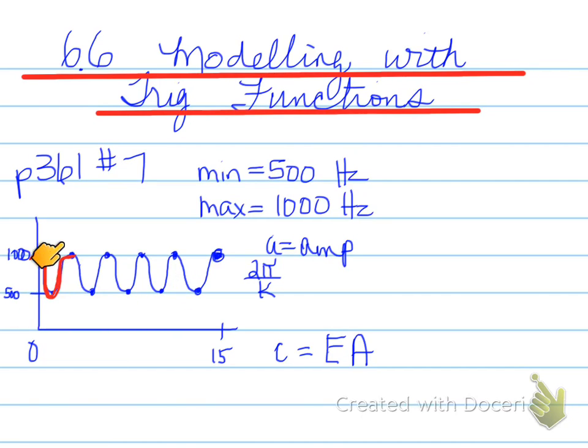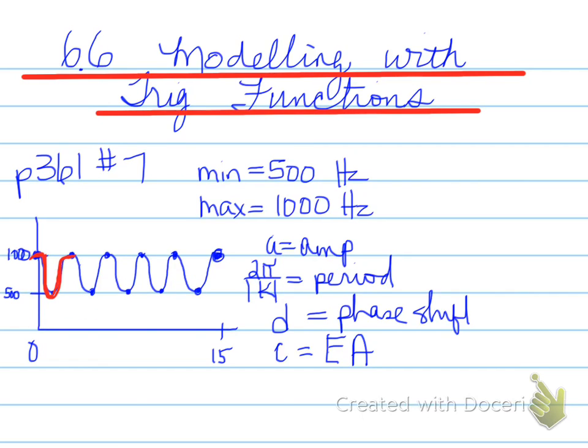Once we know the period, we can determine the k value, because we need to find the equation of this function. So, 2 pi over k is equal to the period. You also have possibly a horizontal translation, or phase shift, which is the d value.